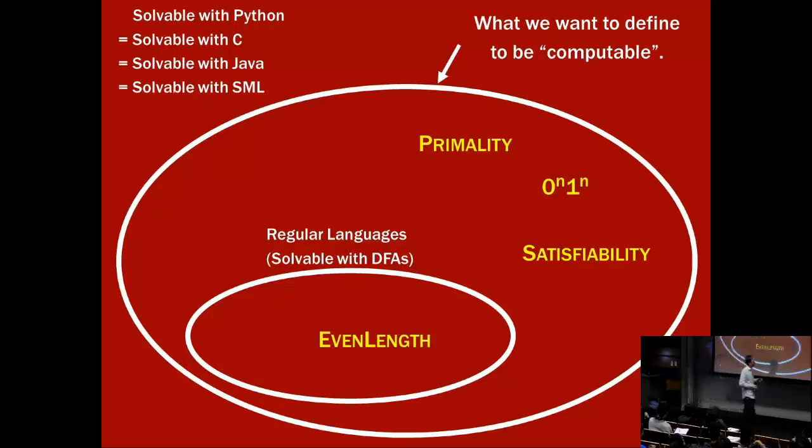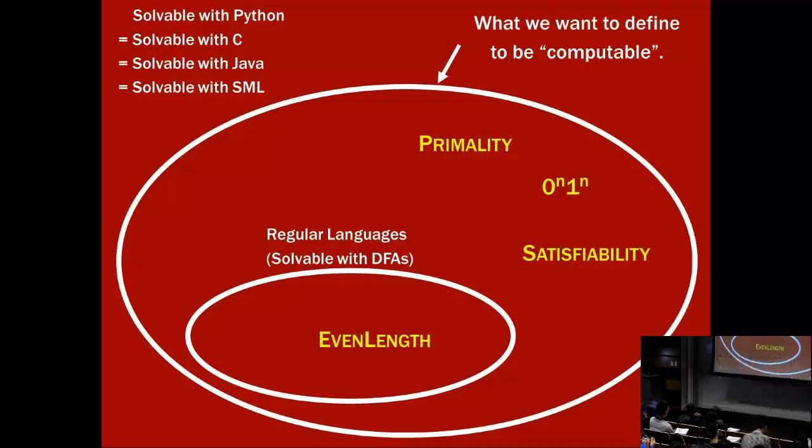That's kind of cool because I hope it makes you agree that, if this giant circle here is supposed to represent all the languages or all the decision problems you can solve with Python, then it's the exact same as all the problems you can solve with C, the same as all the problems you can solve with Java, etc. So there's something really cool and natural about this set of languages.